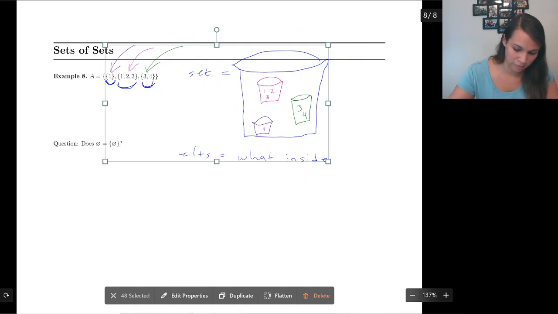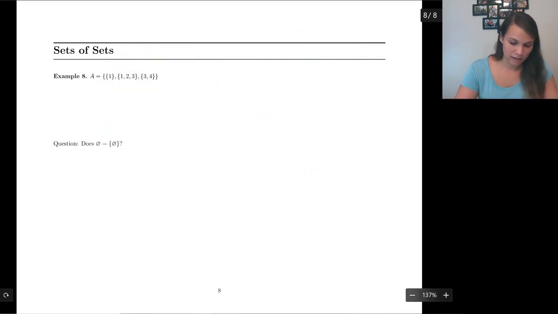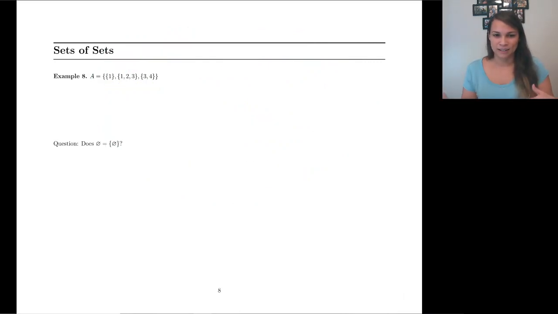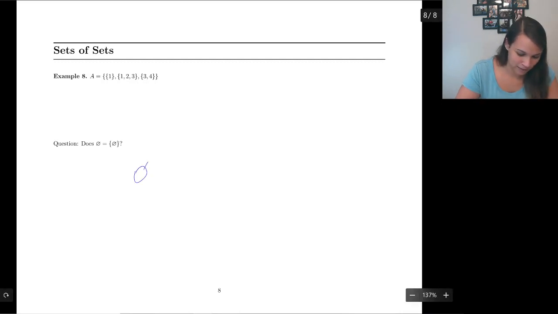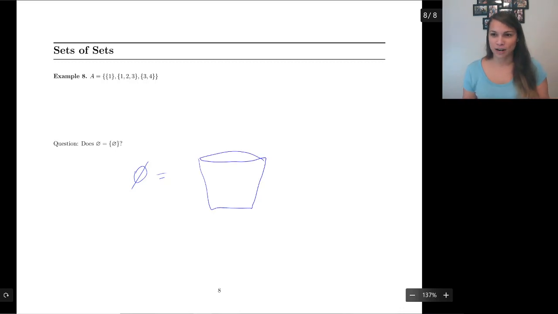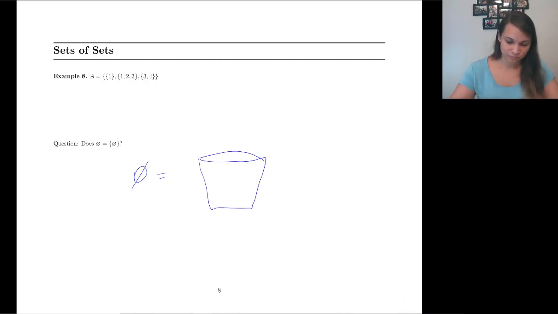So let's go ahead and talk about that real quick. Is the empty set equal to the set that contains the empty set? We're going to go back to our trash can metaphor. The empty set would be a trash can, but it is an empty trash can. There's nothing in it.